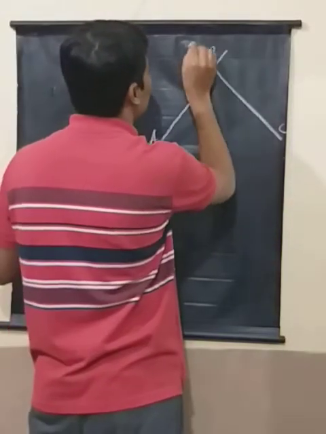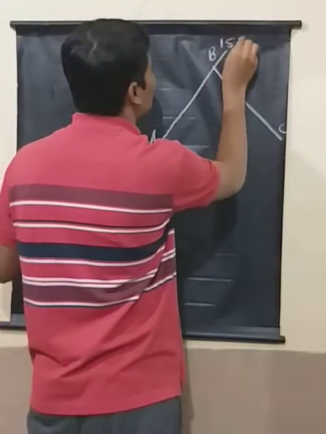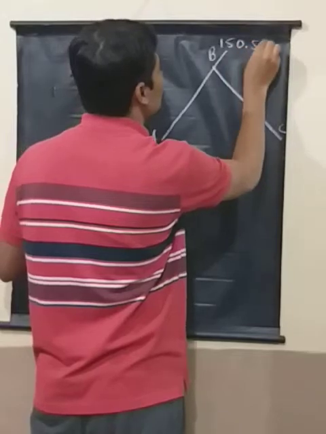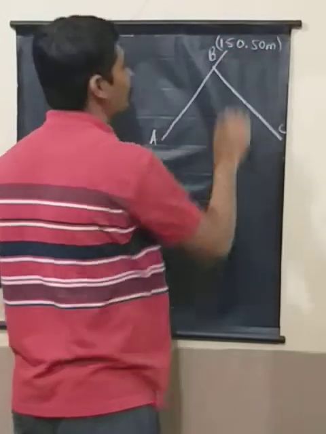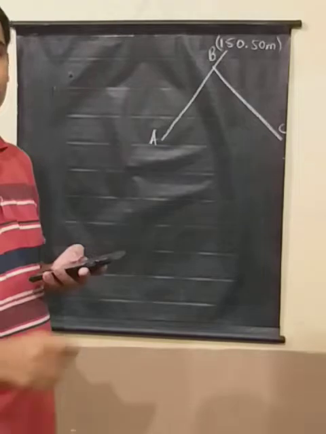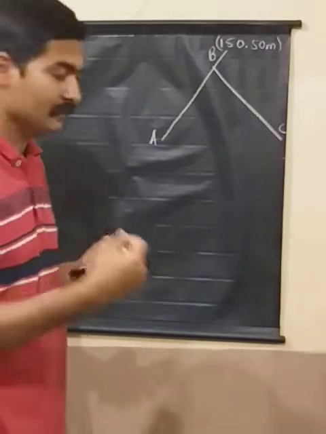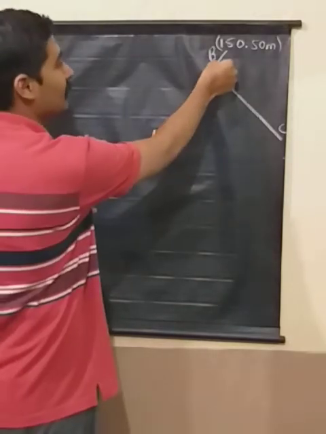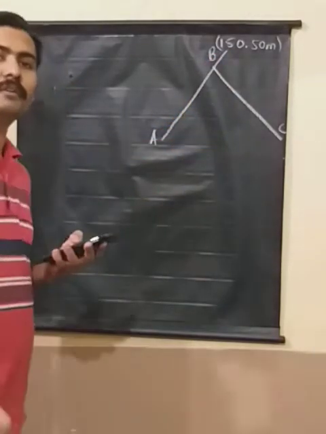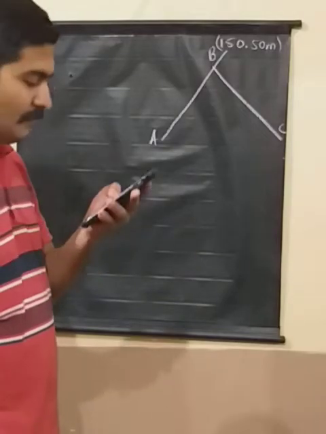Chainage means the distance of that point from the origin, from where the road has started. So if it has started somewhere here, by reaching this particular point it has covered 150.50 meters.